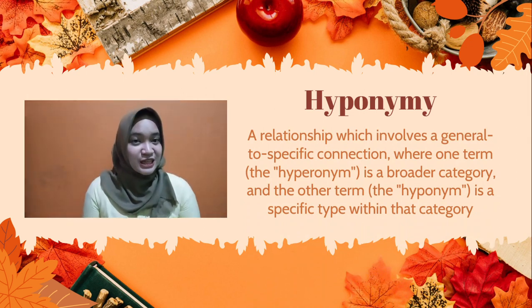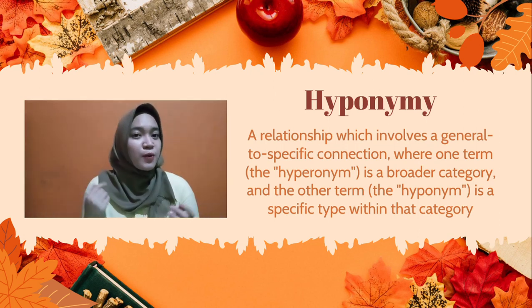A relationship which involves a general-to-specific connection, where one term, the hyperonym, is a broader category, and the other term, the hyponym, is a specific type within that category, can be defined as hyponymy.